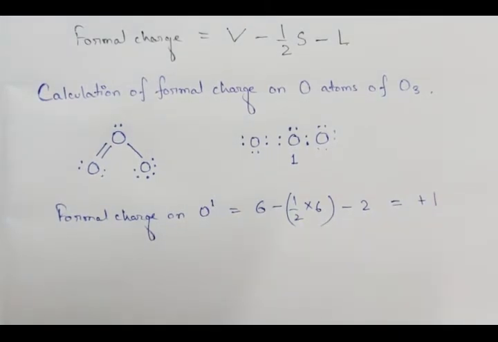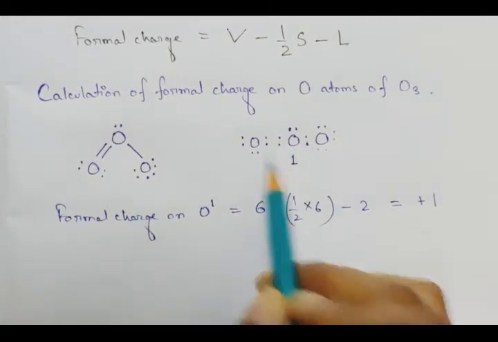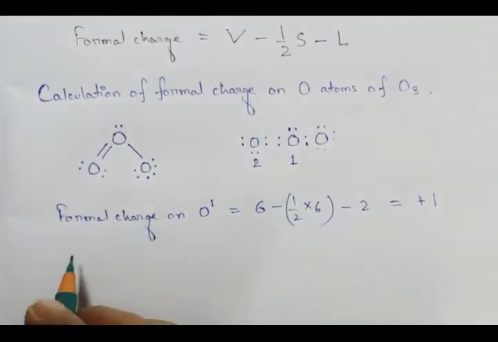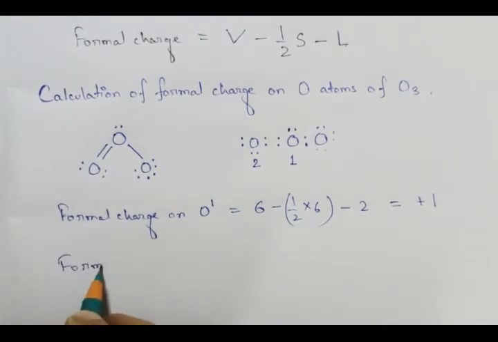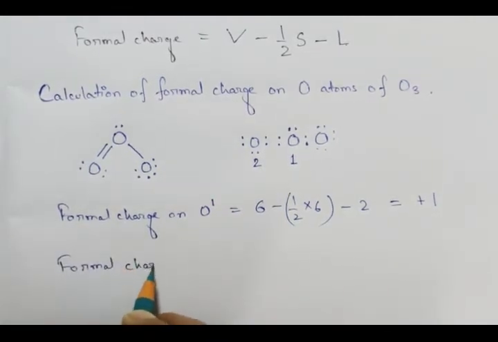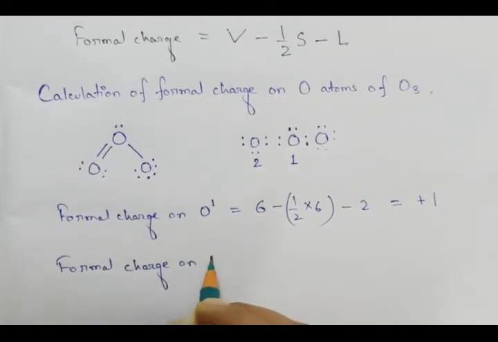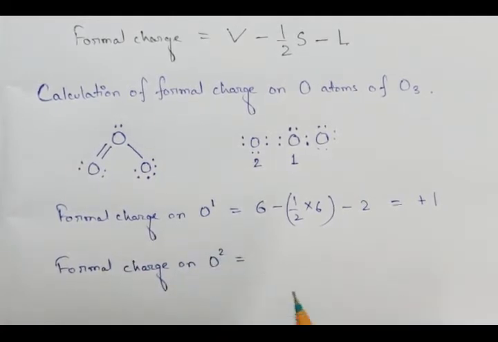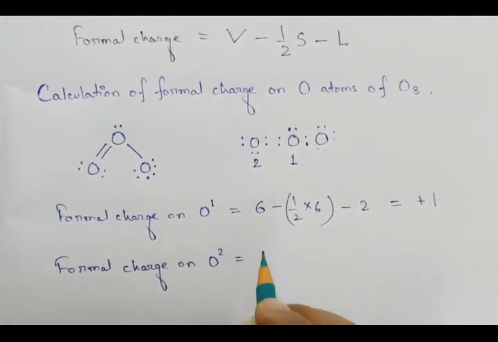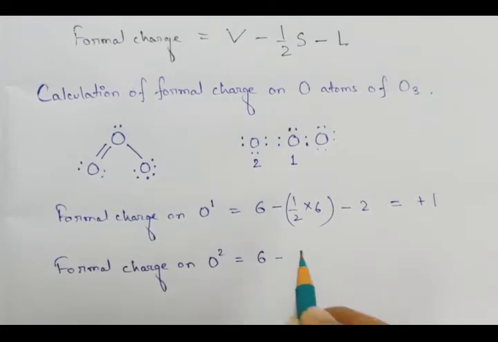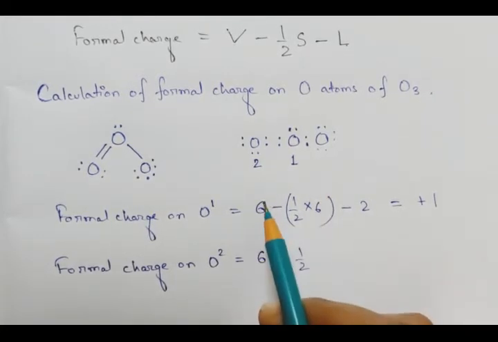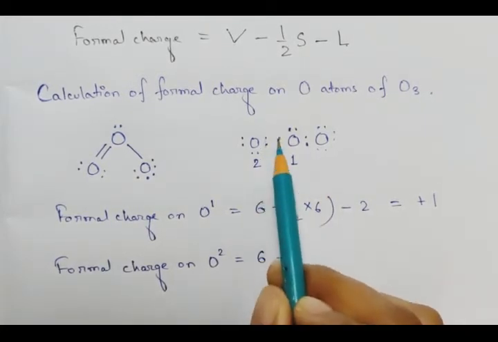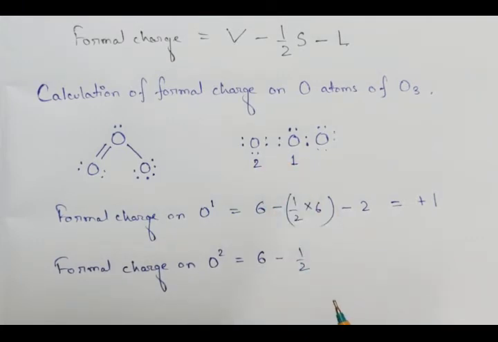Clear? Now if we want to calculate the formal charge on this oxygen atom, suppose this one is 2. Formal charge on oxygen 2 will be, again, the number of valence electrons is 6 for the oxygen atom, minus half of the number of shared electrons. Here 1, 2, 3, 4, 4 electrons are shared, means 2 electron pairs are shared.